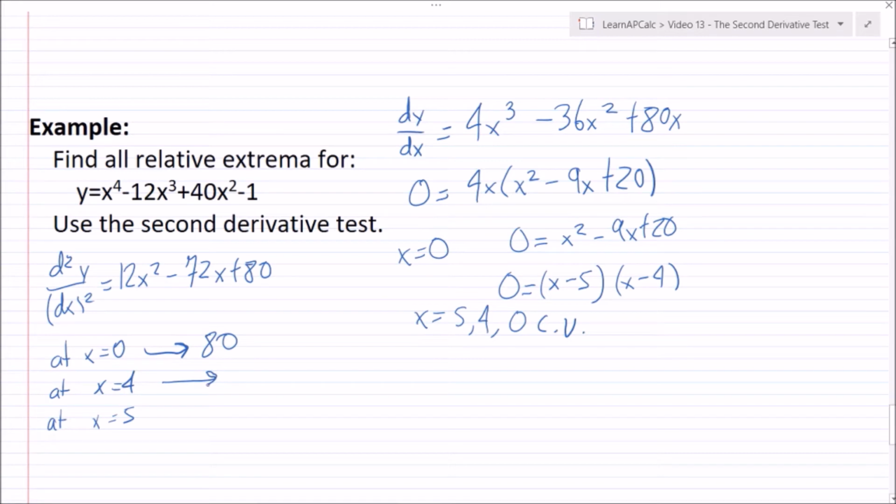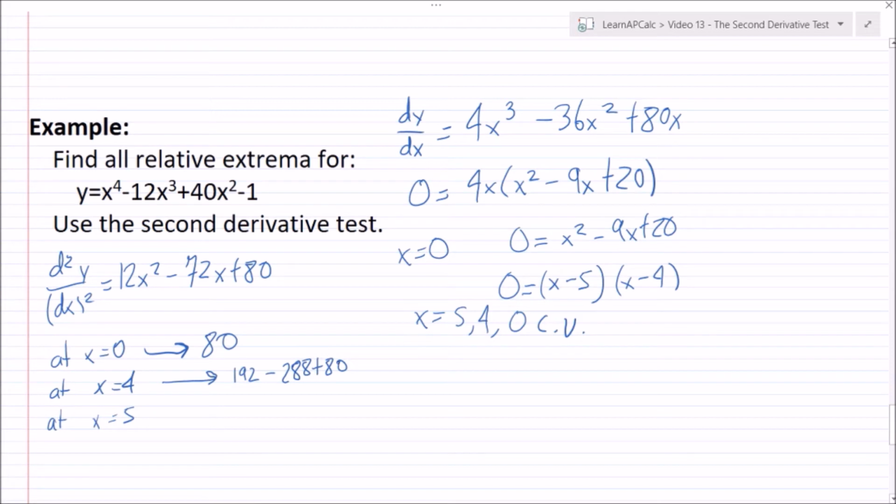Now at 4, this is a little more complicated. So at 4, I have to do 4 squared, 16 times 12, which is going to turn out to be 192, minus 72 times 4, which is 288, plus 80.